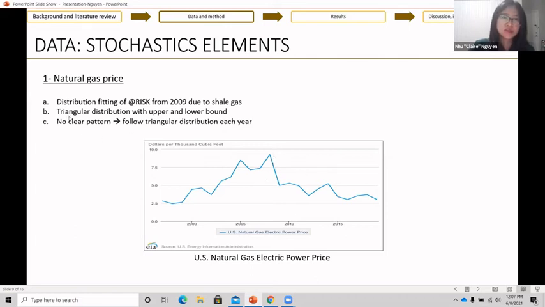So we chose the triangular distribution because it's one of the best fit distributions, and it has an upper and lower bound, which prevents unrealistic outliers. And since there's no clear pattern for the historic price of natural gas, we allow the price of natural gas for 20 years of production to follow the same triangular distribution that we found for the historic trend.